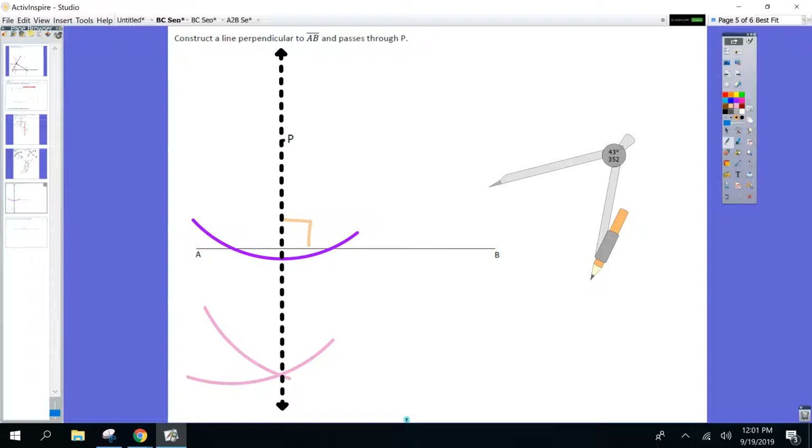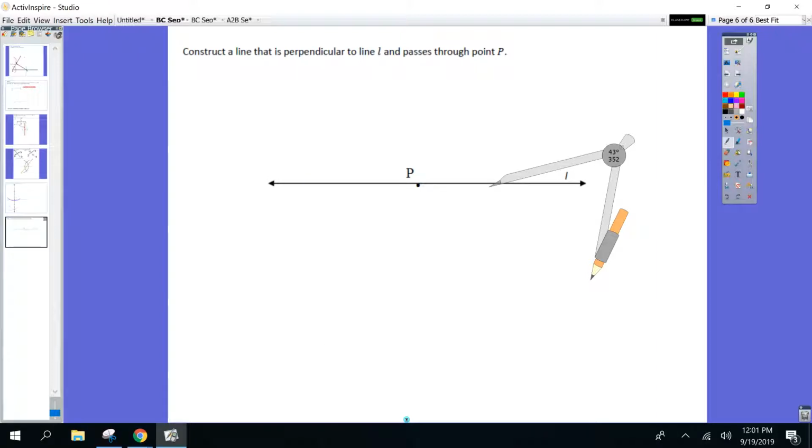Hey, it's hurting me right now watching some of you guys struggle, and the only reason you're struggling is because you're having trouble with your compass, like actually turning it. Let me give you a little piece of advice. Take it or leave it. It's up to you. I need this arc to intersect in how many spots?